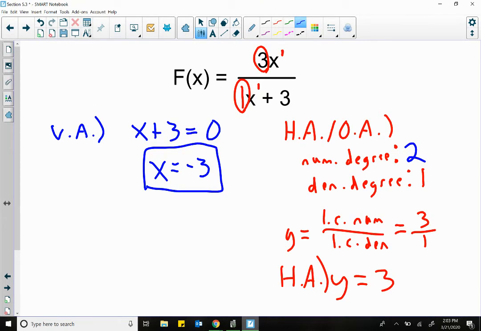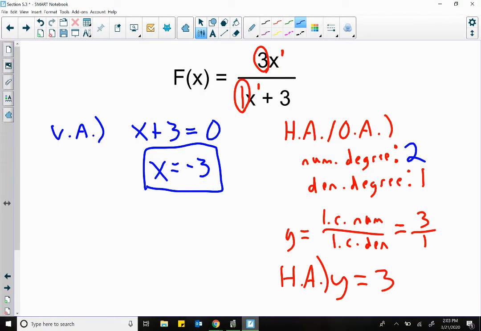I know in these notes I do have an example of that. So if your numerator degree is bigger than the denominator degree by 1, you're going to do long division, and you're going to have an oblique asymptote.